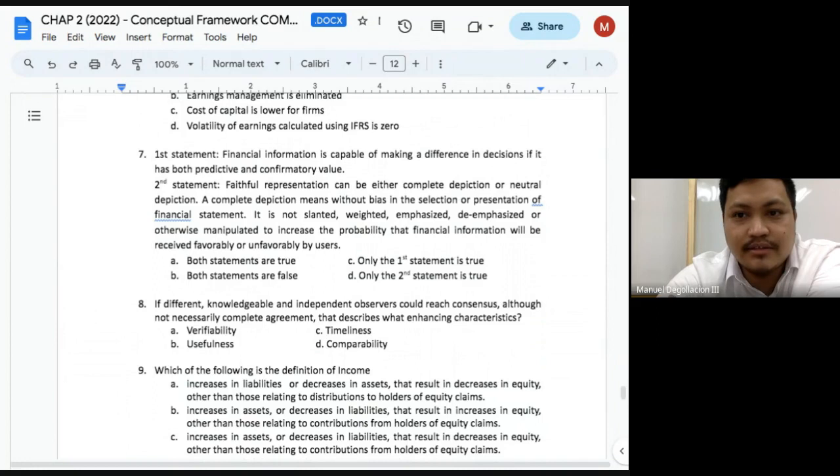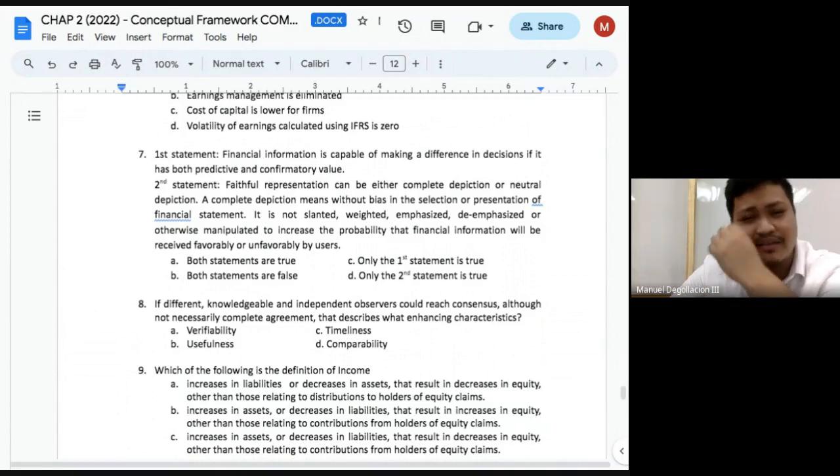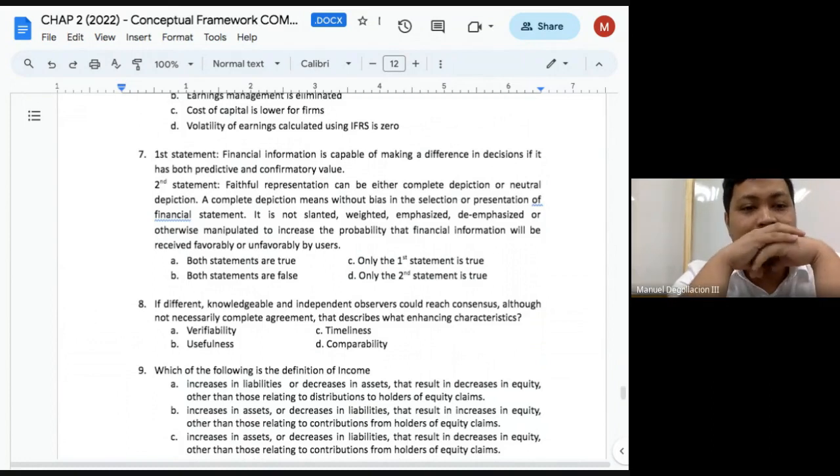Number 7, first statement, financial information is capable of making a difference in decisions if it has both predictive and confirmatory value. I would understand if many of you would have classified the first statement as a true statement, but we will consider the first statement as a false statement because it is incomplete.